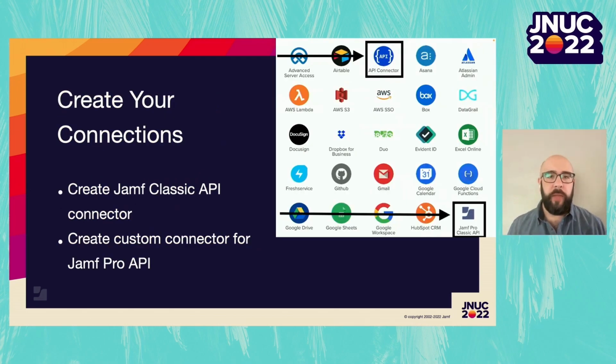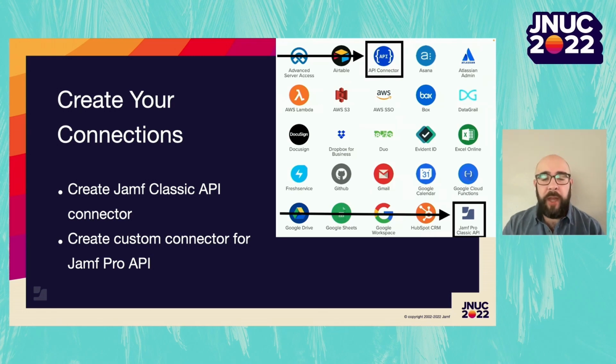So just at a basic level to begin with, whenever you want to create a new workflow, a new automation, you need to have your connections set up and configured in Okta Workflows. Jamf does have a pre-built connector for the Classic API. It's using basic authentication at the moment, and I've been in touch with workflow support, and they have indicated that the Jamf connector will be updated to support a bearer token in the future.